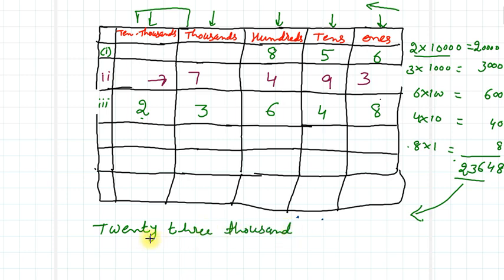Now this 6 has fallen in the hundreds column, so we will write it as 600. Now 4 is in the tens column, so 4 into 10 is 40, and in the end only 8 is left, so we will write it as 48.